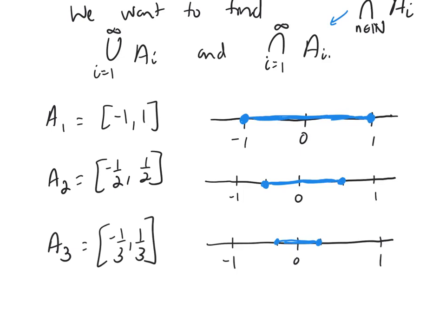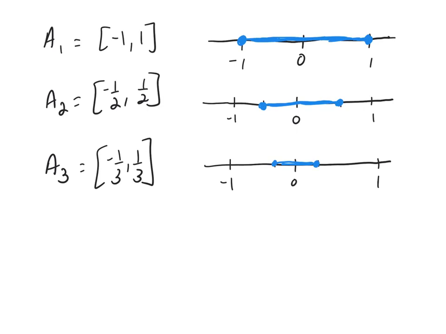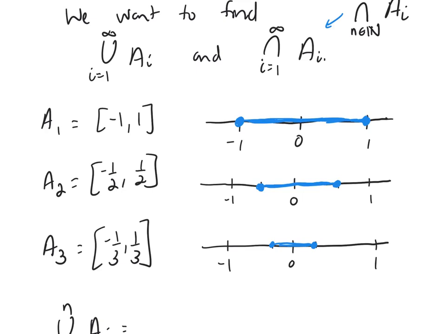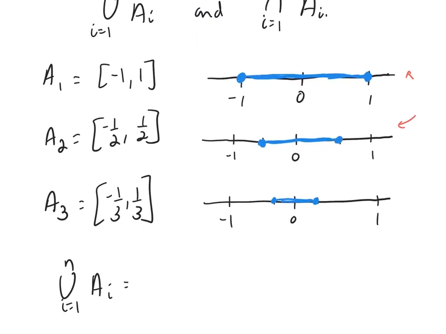And so now let's say I want to take the union of these pictures together. Let's start with our union. If you look, you have A1, and if I look at A2, the part that I shaded in is contained in A1. So A2 is a subset of A1.